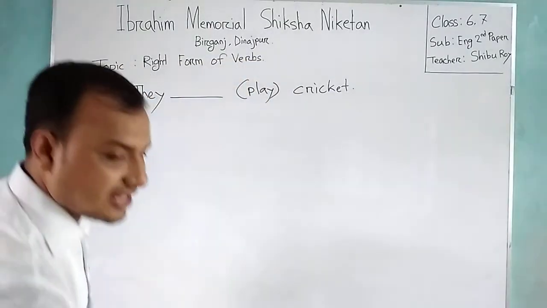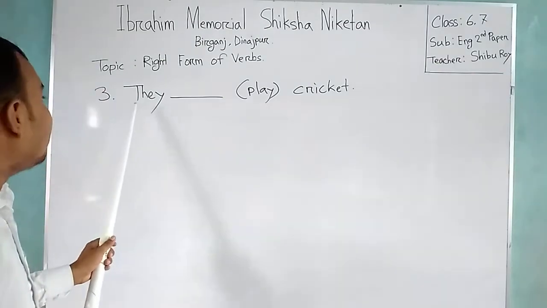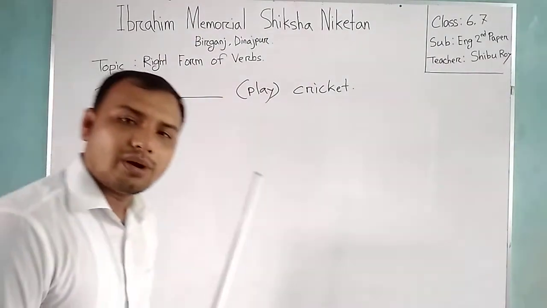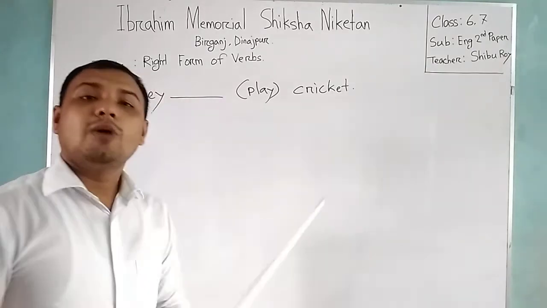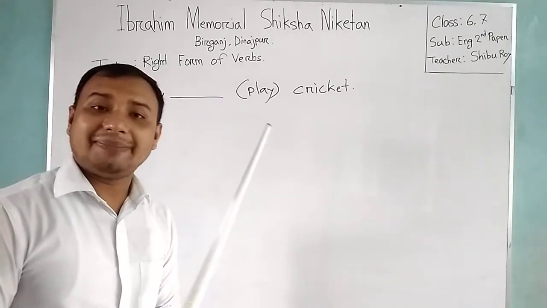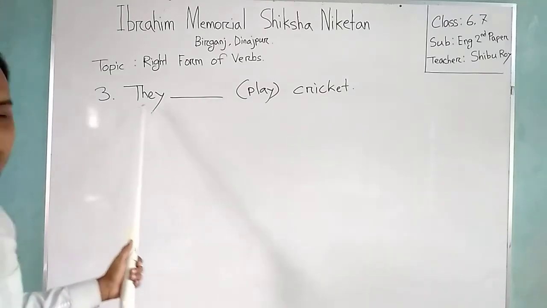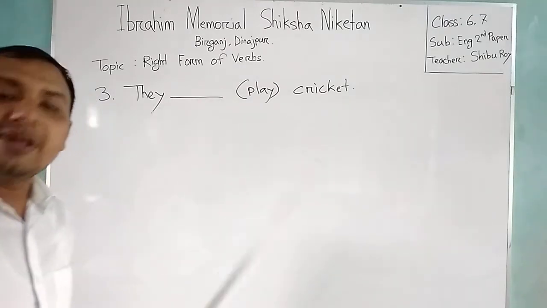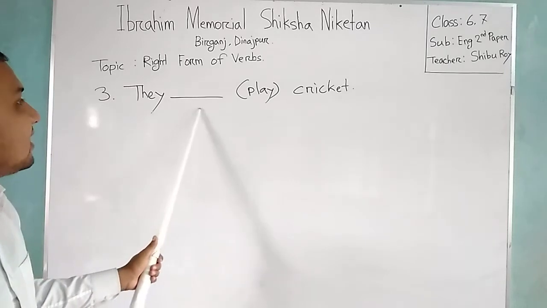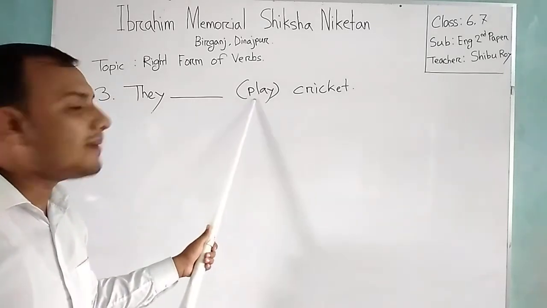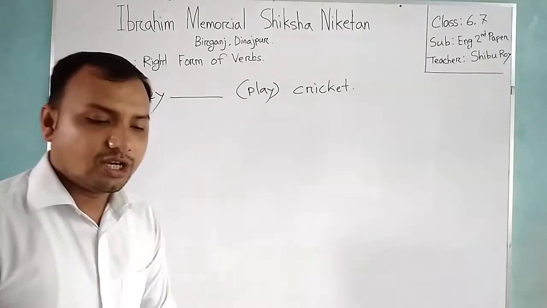But in this sentence, what does they mean? They means plural subject. So that is not matching with our previous rule. After the gap there is the verb play, and after that the object.